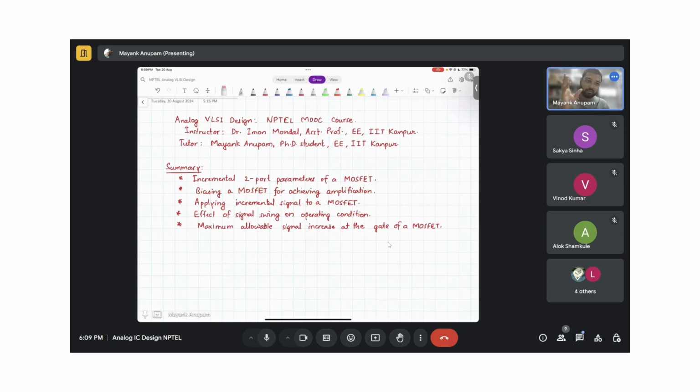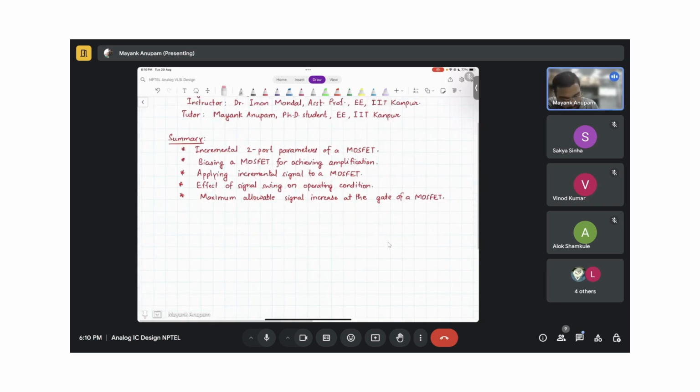Once we are able to bias it and find the small signal parameters, we learned how to amplify a signal. We gave an incremental small amplitude signal, and then we saw how it amplifies at the output.